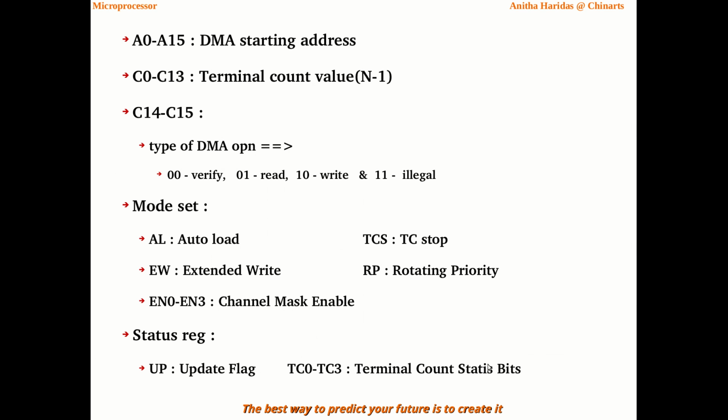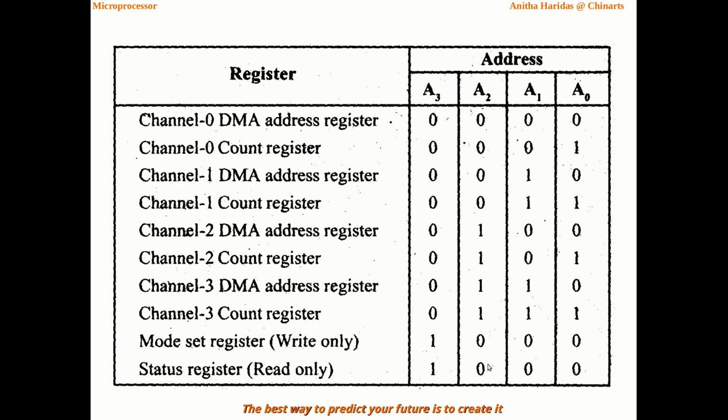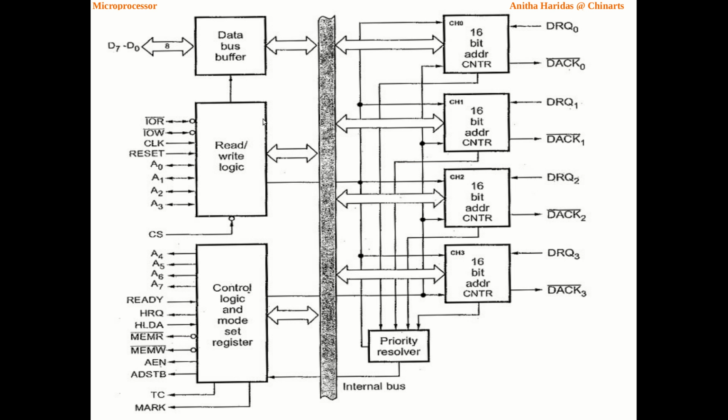Now what you have to understand here is that when input is sent by the CPU, it has to be written in these address registers, because these are the 4 channels which will be activating the corresponding peripheral device. So if you want to activate a particular peripheral device, the corresponding address and the terminal count value have to be written in the channel.